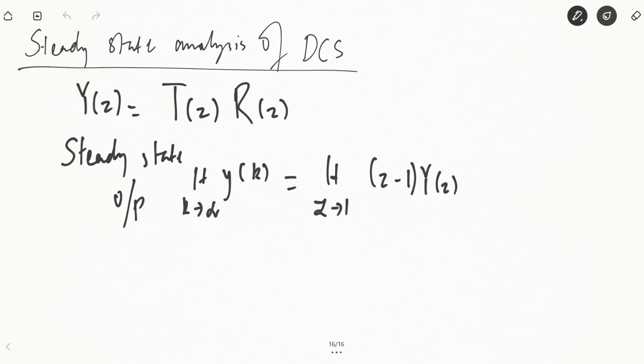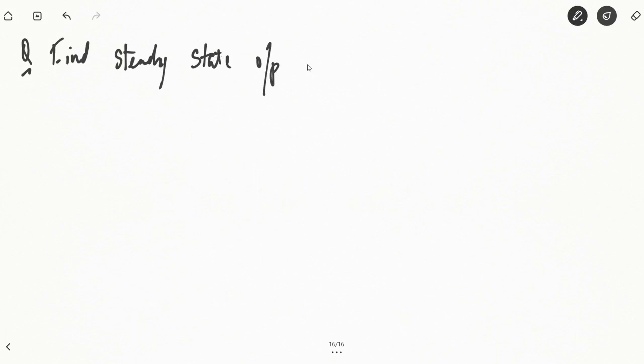Using this equation, let's say we want to find the steady state output of the following system, subject to a unit step input.